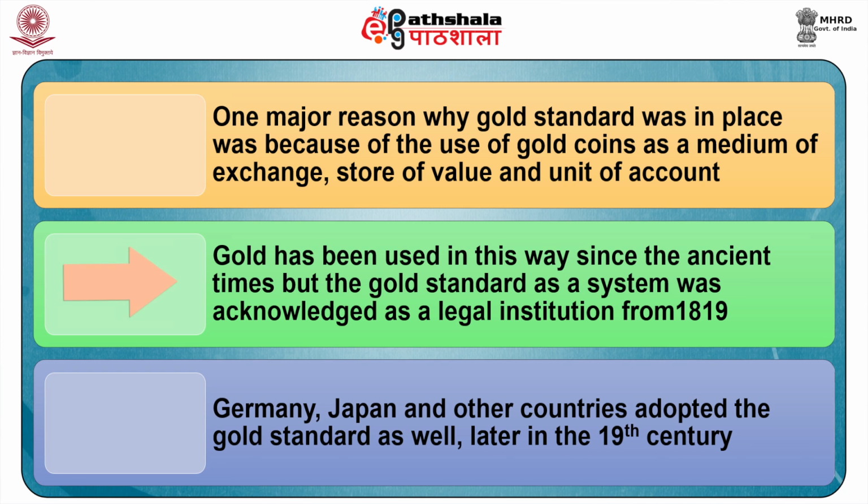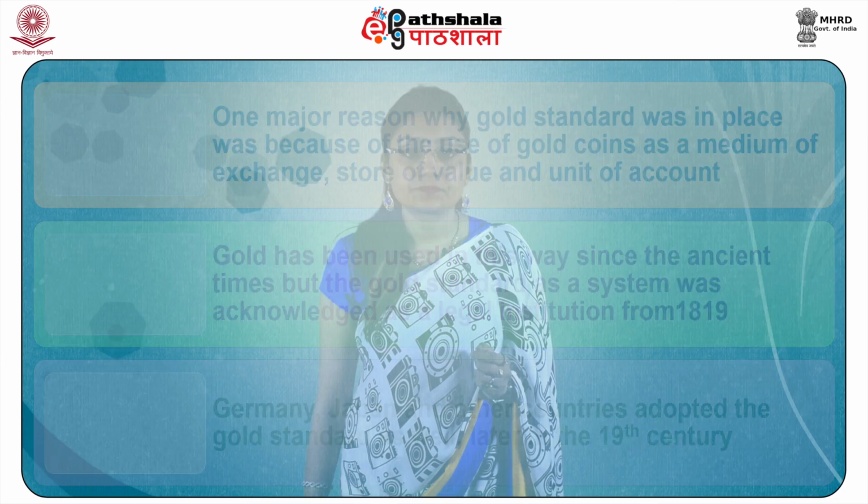Gold has been used in this way since ancient times, but the gold standard as a measure and a system was acknowledged as a legal institution from 1819, when the British Parliament repealed long-standing restrictions on the export of gold coins and bullion from Britain. Germany, Japan and other countries adopted the gold standard as well later in the 19th century.